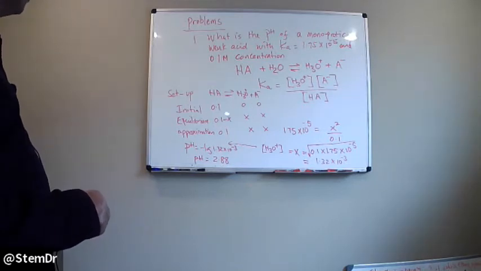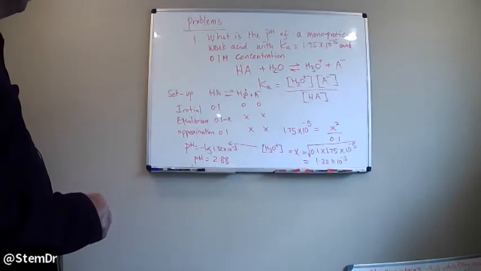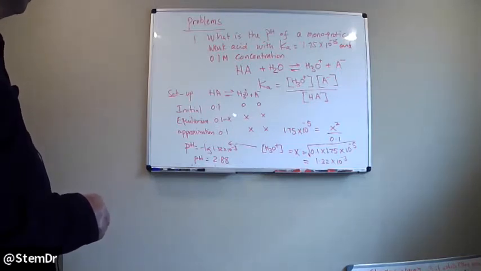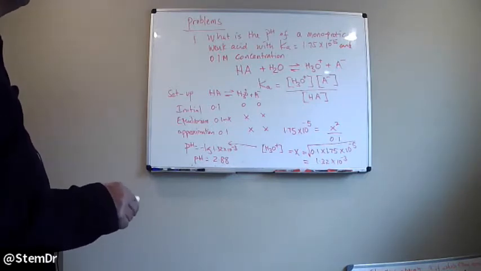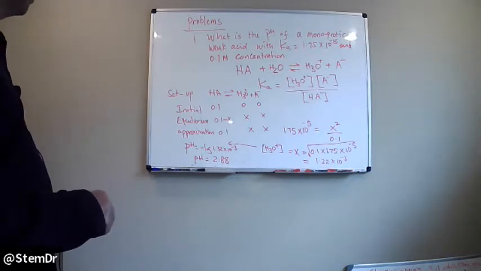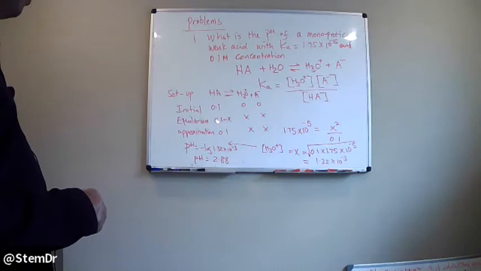But if you just apply 0.1 minus X in your equation here, it might be a little complicated, and you need to solve a quadratic equation. To avoid that, a very reasonable assumption would be, since the acid is dissociating to a very low extent, that X is very low compared to the 0.1 molar.